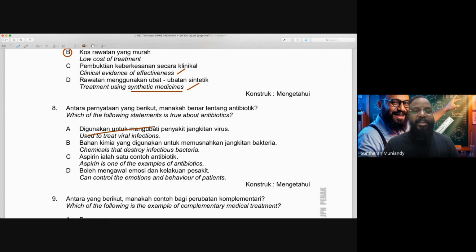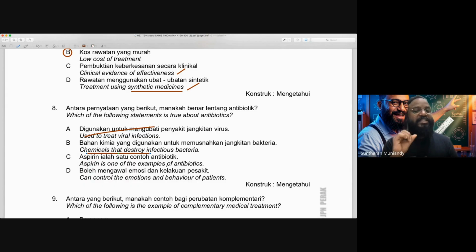Antara pernyataan berikut, manakah benar tentang antibiotik: digunakan untuk mengubati penyakit jangkitan virus? Bukan. Antibiotik bukannya untuk mengubati penyakit jangkitan virus. Dia untuk mengubati jangkitan bakteria. So B, a chemical that destroys infectious bacteria. Yes, antibiotic destroys infectious bacteria. Aspirin is one of the examples of antibiotic?